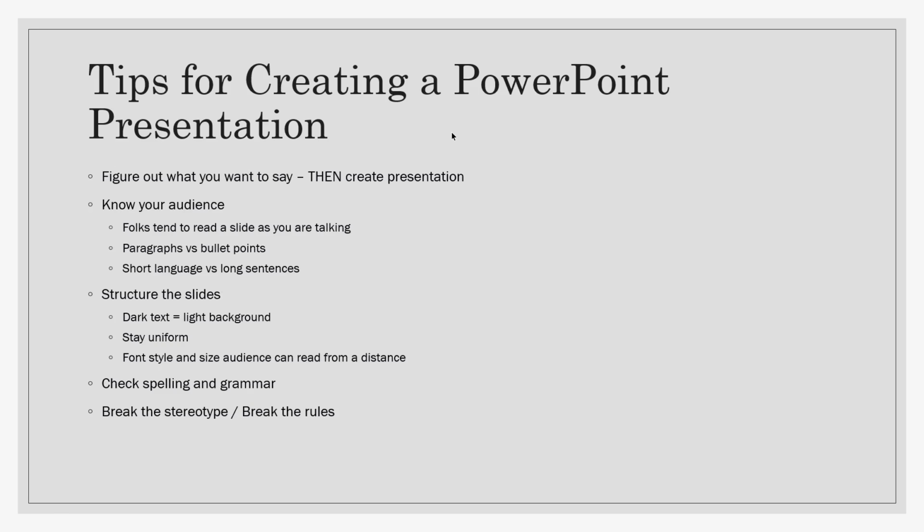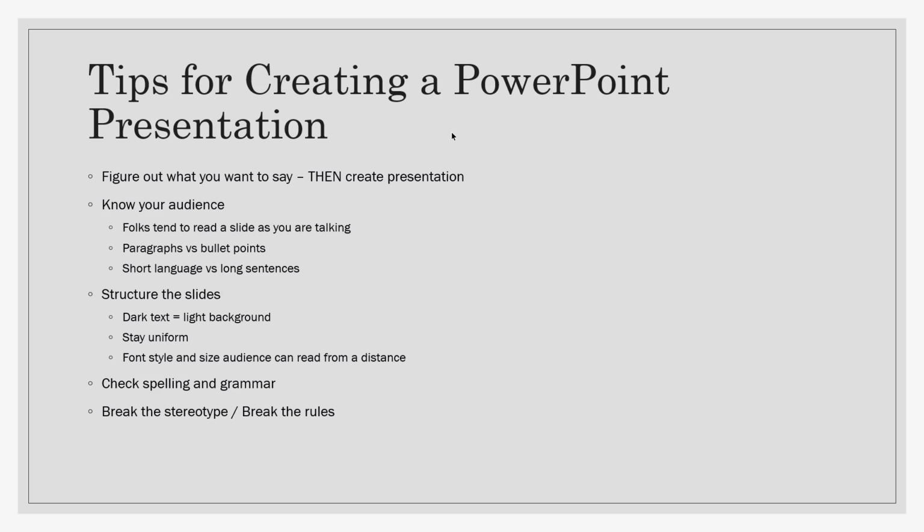Second bullet point is know your audience. If you know that your audience is one of those that like to have a lot of words on the screen, then create it with a lot of words. I personally like to use short bullet points because, as you see on the first one, people tend to read the slide as you're talking. Paragraphs versus bullet points.